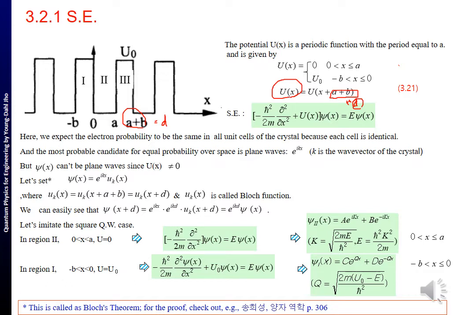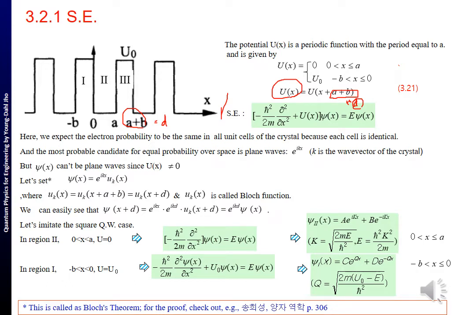So the corresponding Schrödinger equation is shown here. Here we expect the electron probability to be the same in all unit cells of the crystal.